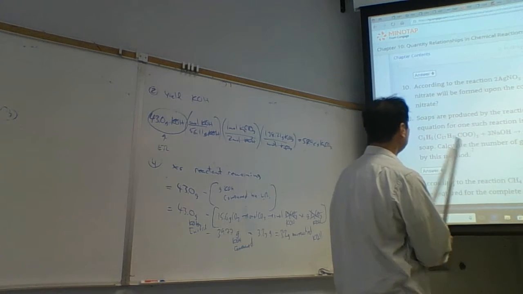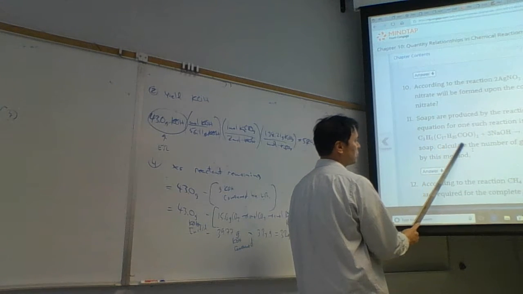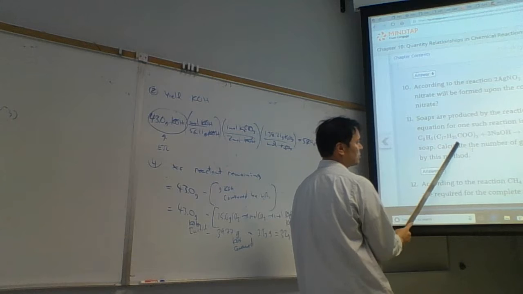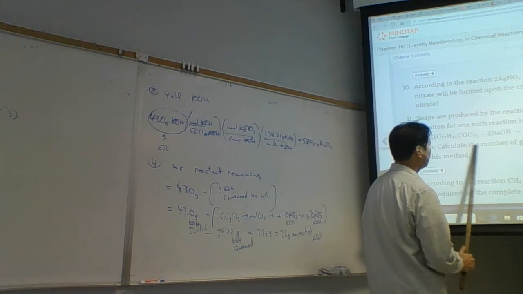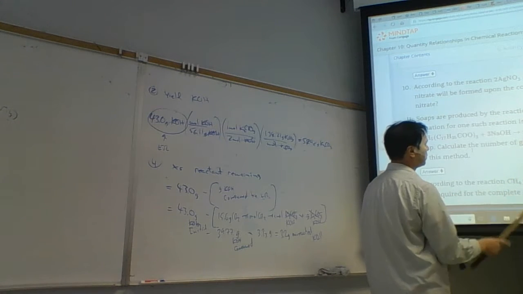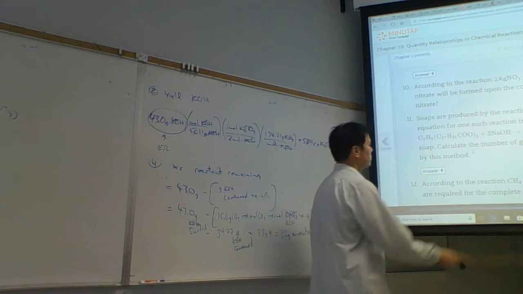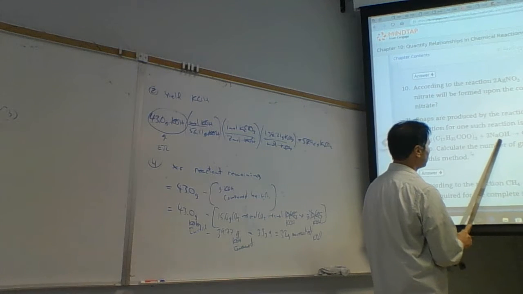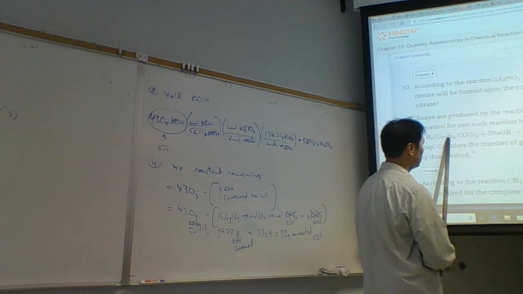Take a look at this one. This is soap production, an example of a metathesis reaction. The last compound is soap. Calculate the number of grams of sodium hydroxide required to produce 323 grams of soap by this method. Here we're just interested in the sodium hydroxide, which means we have plenty of the other to react with it.